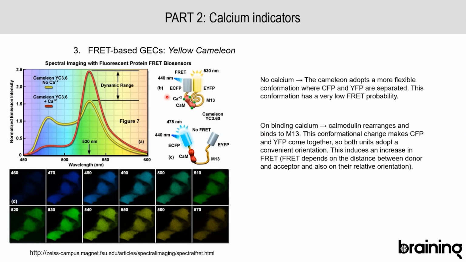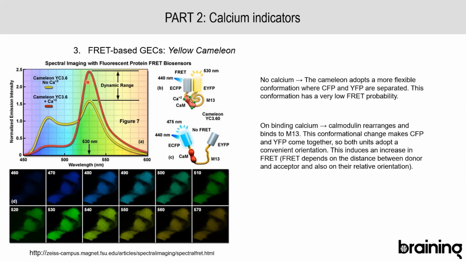When we have calcium in the medium, there is this rearrangement of the calmodulin, and this conformational change makes the CFP and the YFP come together. So when we excite the donor, we will emit a photon from the donor that will activate the YFP, and in this way we will have a FRET signal.